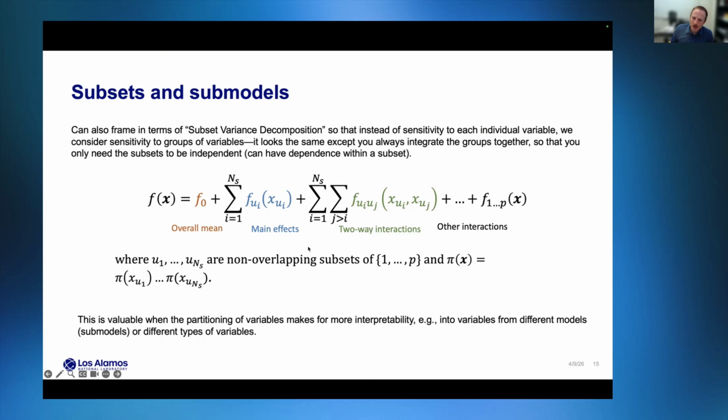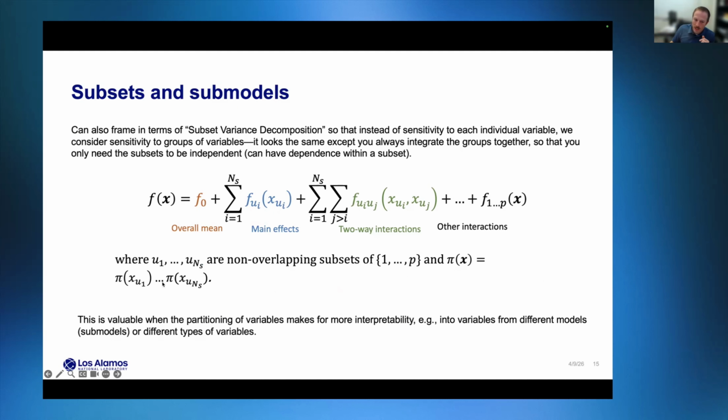And so it looks very much the same as the functional ANOVA before. It's just that instead of individual variables, you have subsets of variables, and the variables 1 through P are broken into some subsets, some partition of 1 through P. And we still have the case that the subsets of variables across subsets are independent.